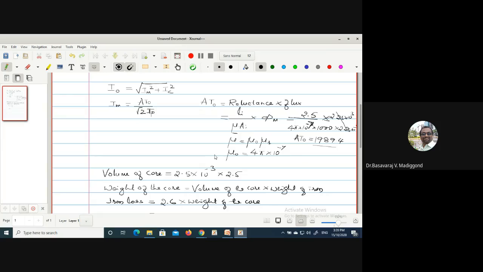Anybody has got a different answer? I am getting 2000, sir. I am also getting 1989. 2.5 divided by 4 pi into 1000, so it is nothing but 4 pi into 10 raised to minus 3 only, isn't it?